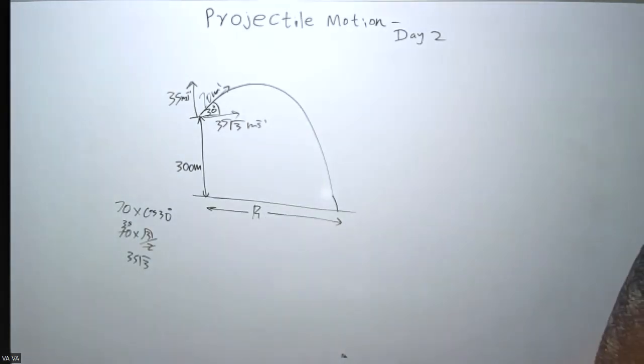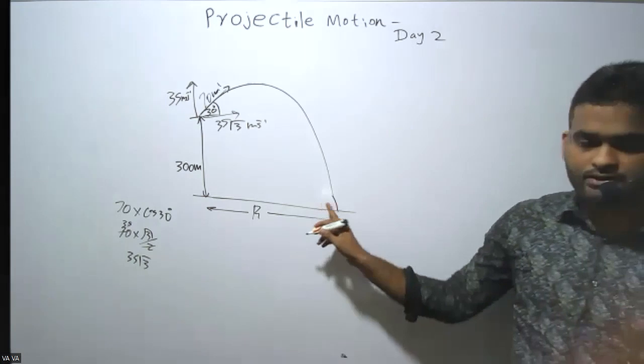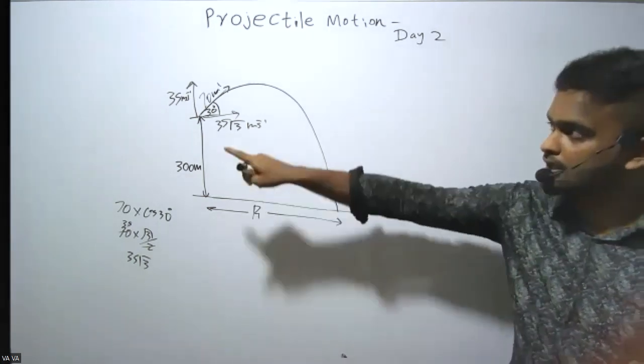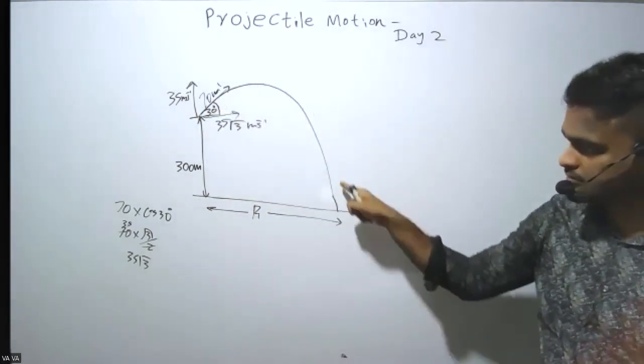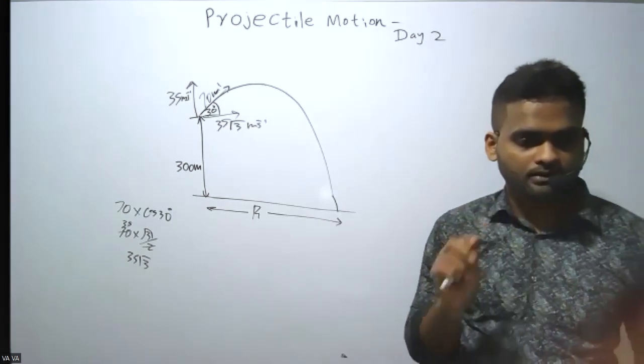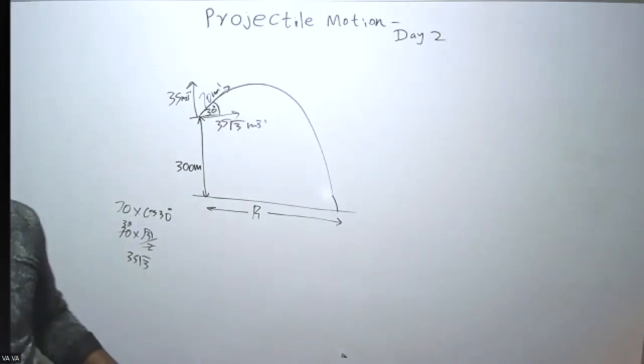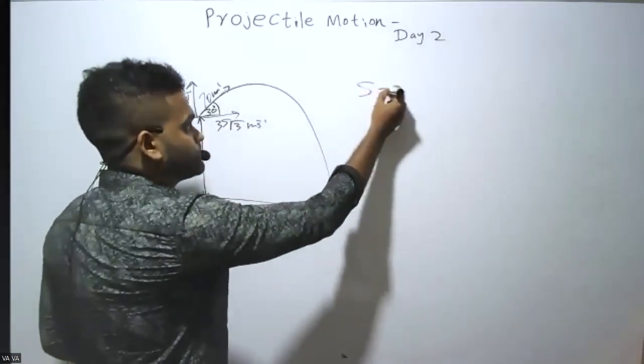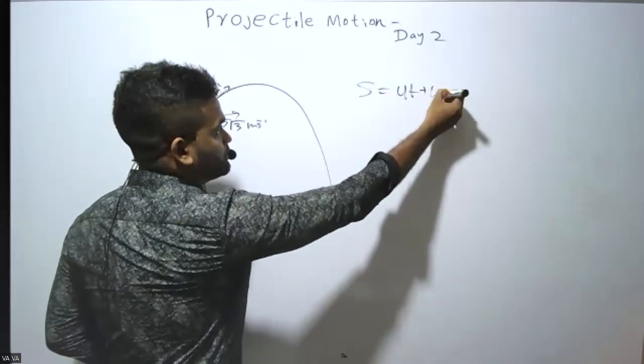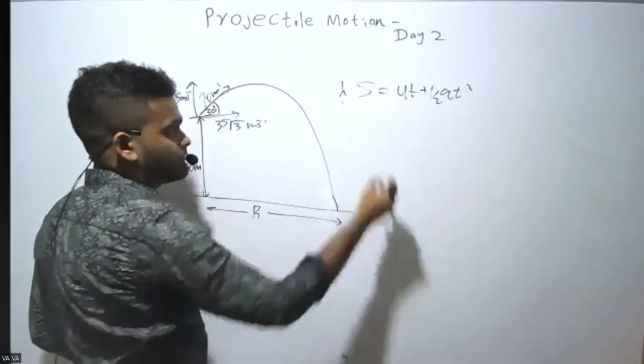In order to find capital R, first you have to find the flying time. Flying time is for this whole motion. You can find that at once. How do you find that at once? Just apply this equation for the whole motion upwards.